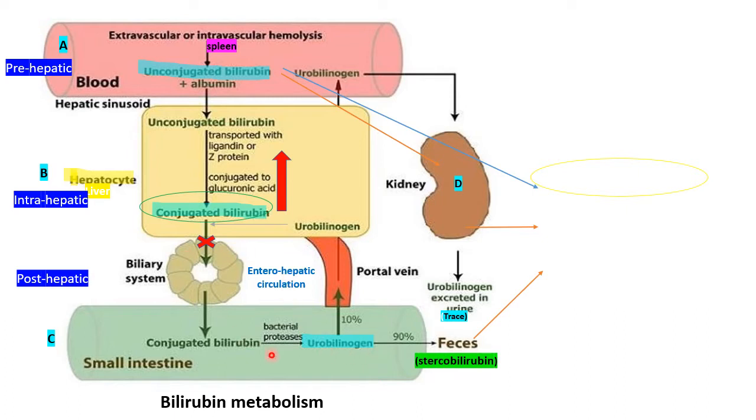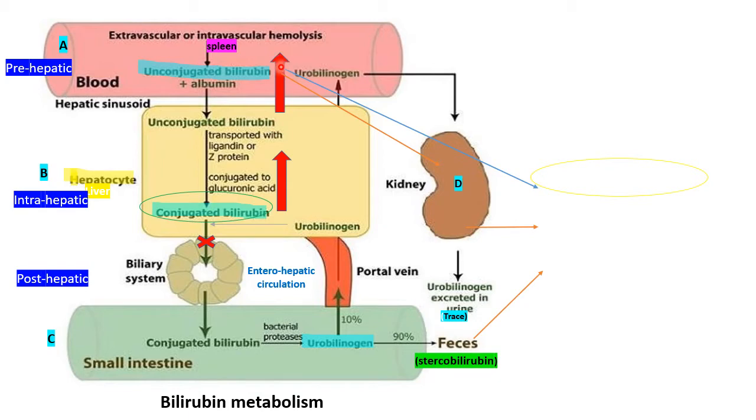As a result of this blockage, there is an increased concentration and backflow, and pressure increases due to the congestion of the liver with conjugated bilirubin, which then diffuses back into the circulatory system.